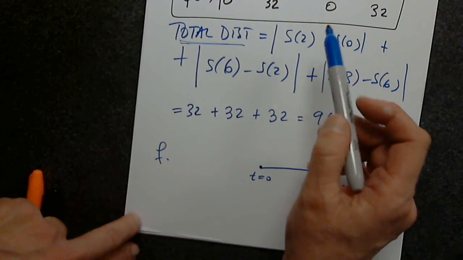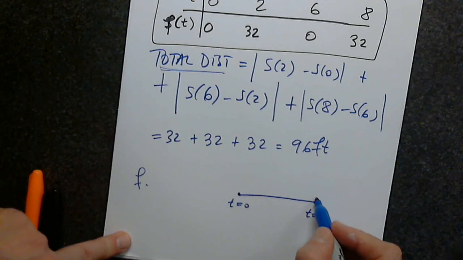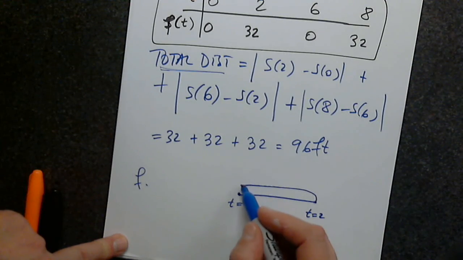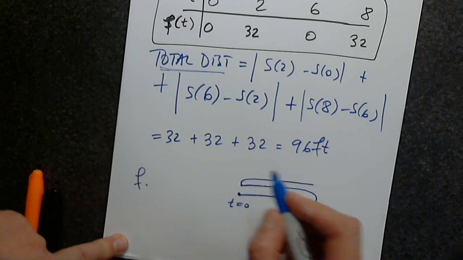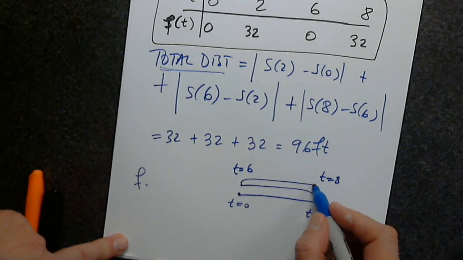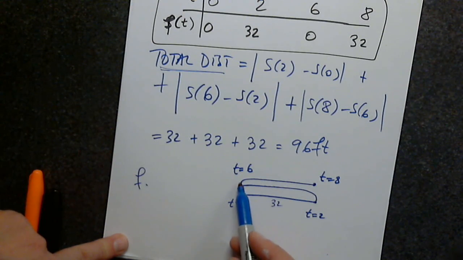And then it turns around, going back 32, and then goes back. So this is t equals 6, and this is t equals 8. So 32 feet, come back 32 feet, and then go back 32 feet.